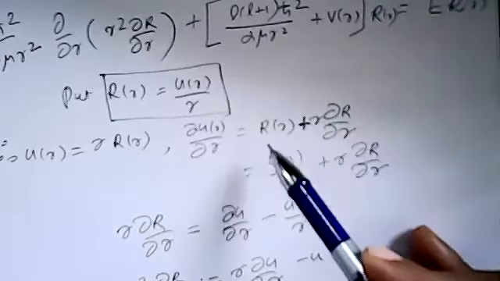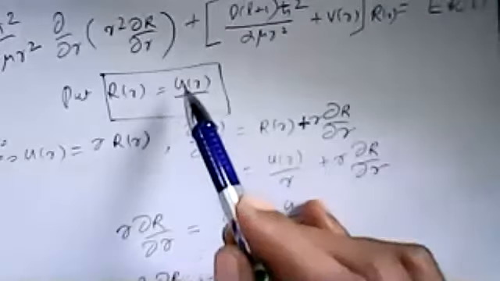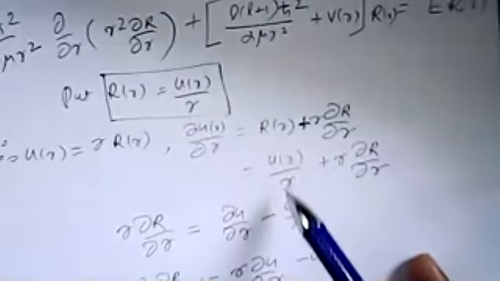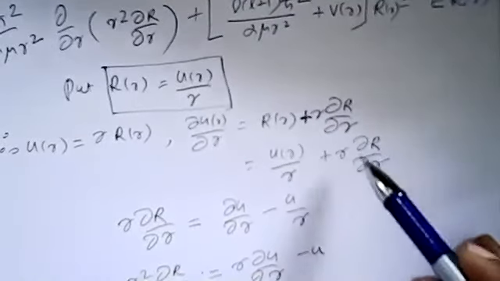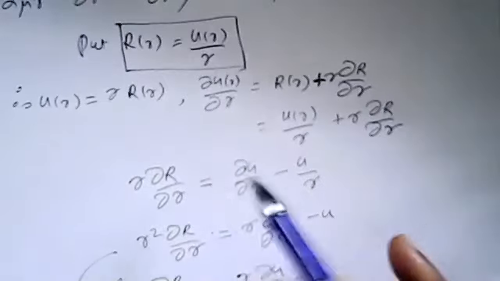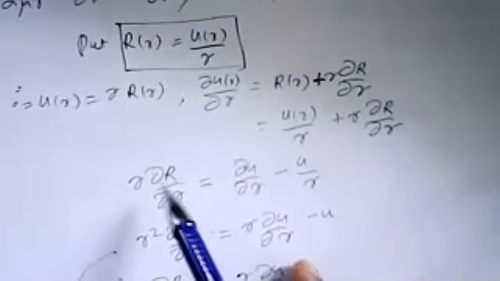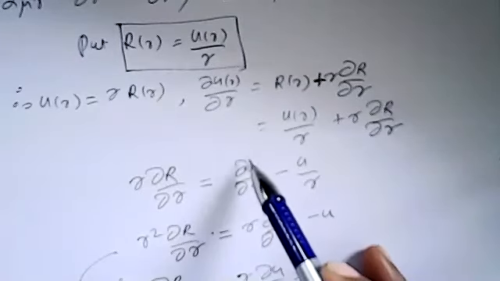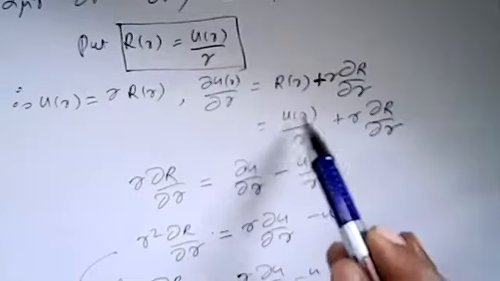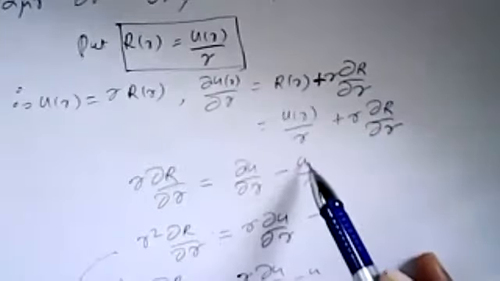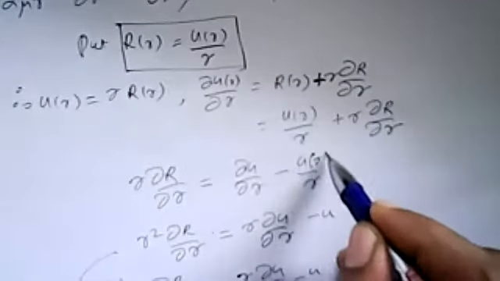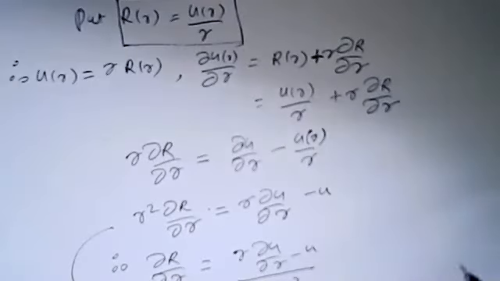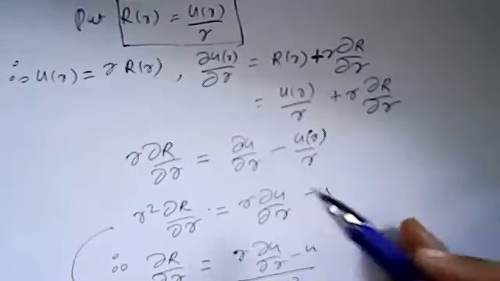Now instead of capital R, you can write u by r. Now you simply rearrange: r dou R by dou r is dou u by dou r, and let this one come to the left side, so minus u of r into r divided by r, u of r by r.